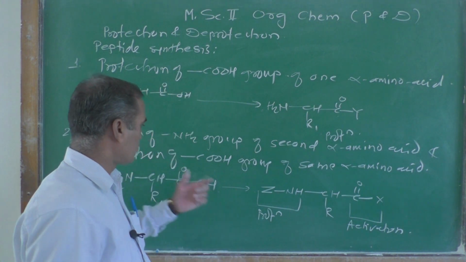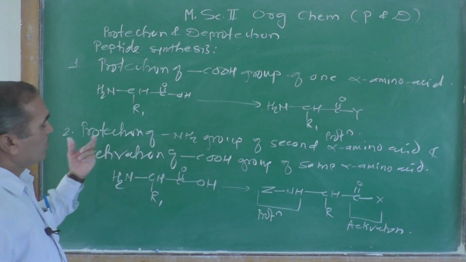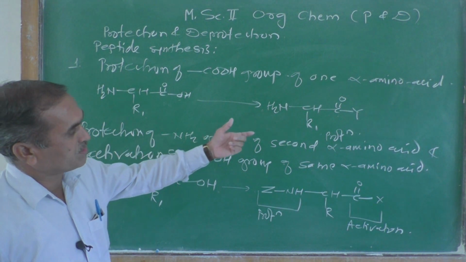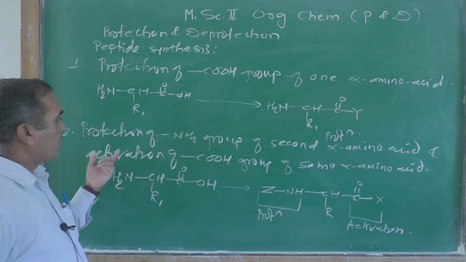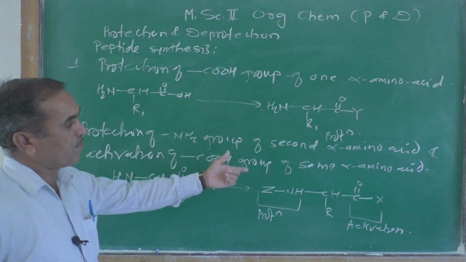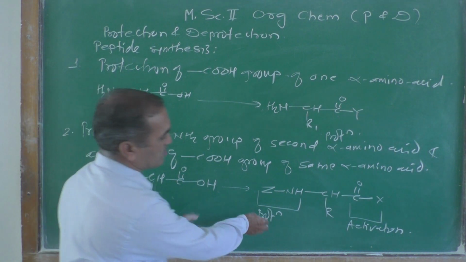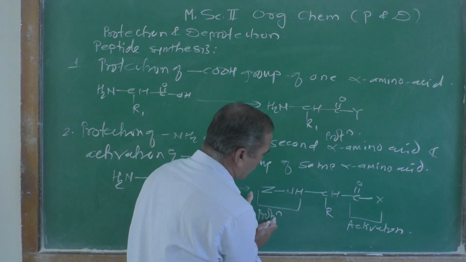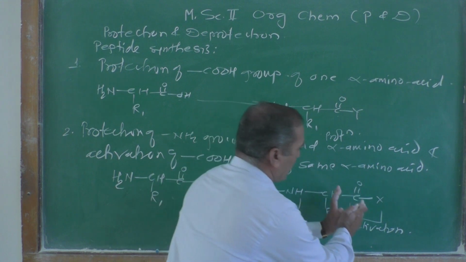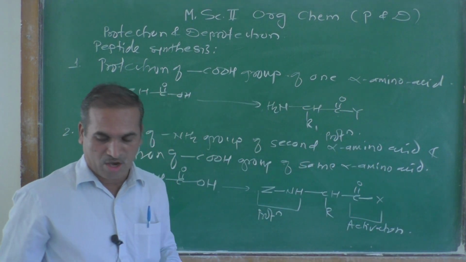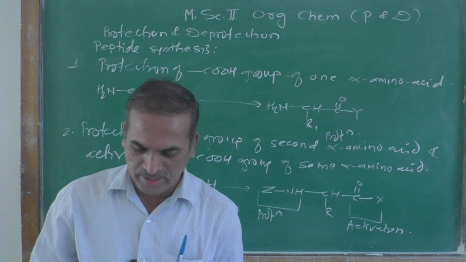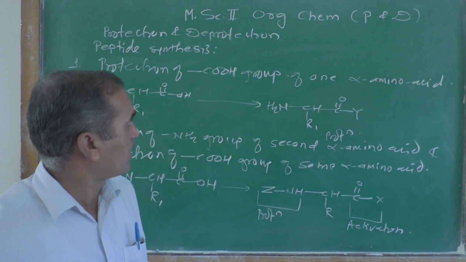So what we did in the second step: protection of NH2 group of the second alpha amino acid and activation of the COOH group of the same alpha amino acid. This part is the protection of that amino group, and there is an activation of the carboxylic group. That is the second step we carried out here.